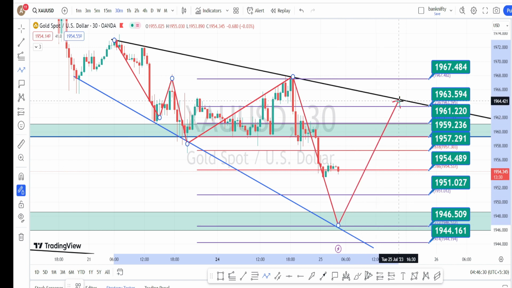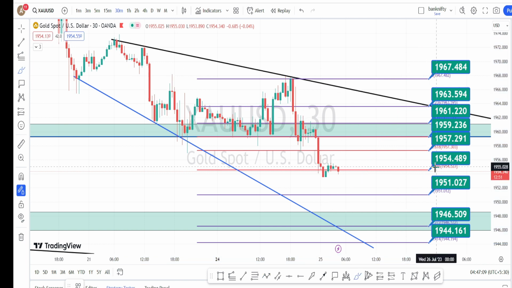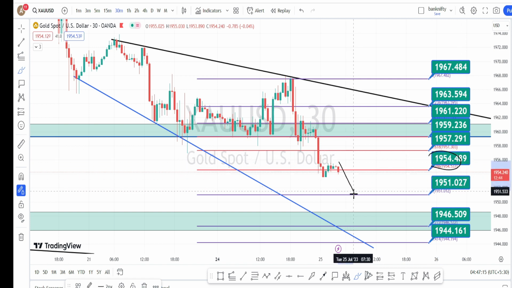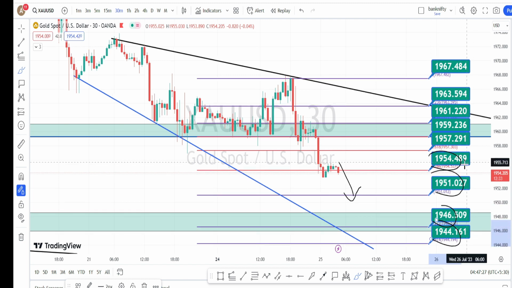Only when the price action gives a breakout from this bearish widening wedge, we can expect a bullish side trend reversal to start in 30 minutes time frame. Currently, the price action is taking support on the support level of 1954. Once this support level is breached, next levels of support are going to be around 1951, 1946 and 1944 on the bearish side.